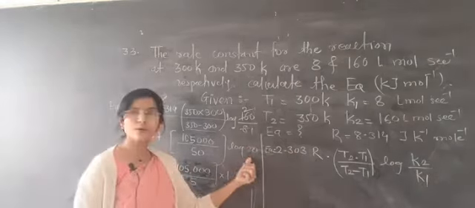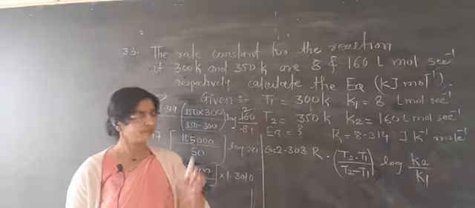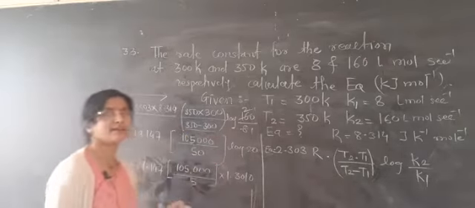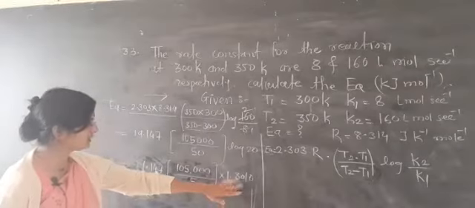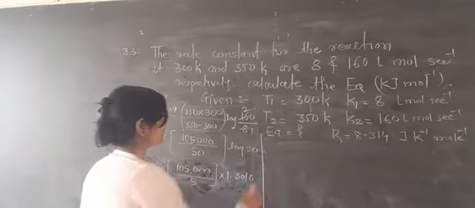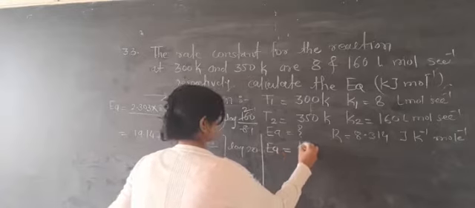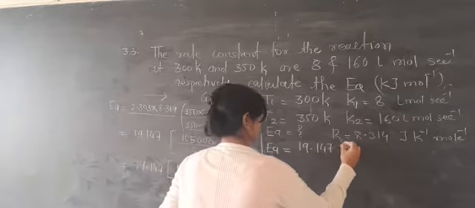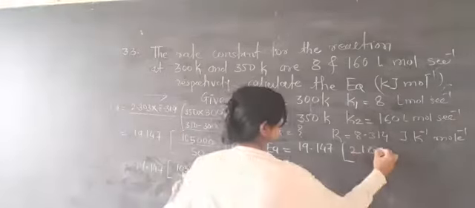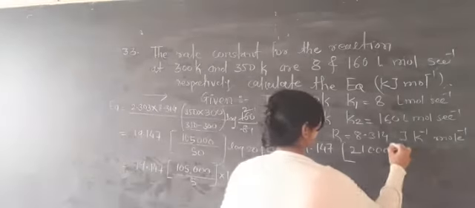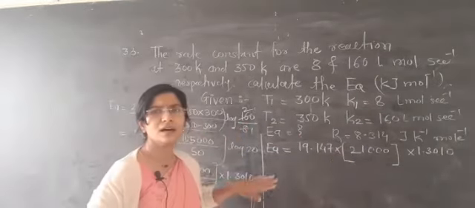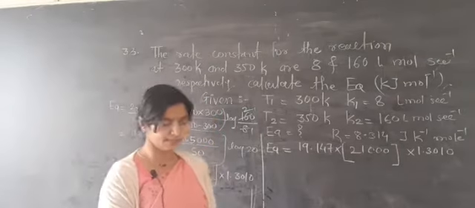Remember, log of 2 is 0.3010, and for log of 20 the characteristic number is increased by one. Now, I just divide 105000 by 50: 5 ones are 5, 5 twos are 10, remaining 0 as it is, into 1.3010.